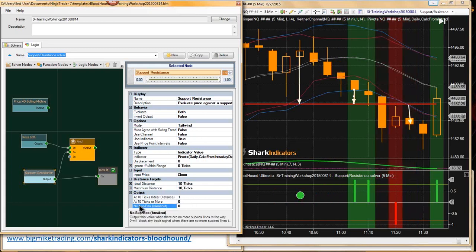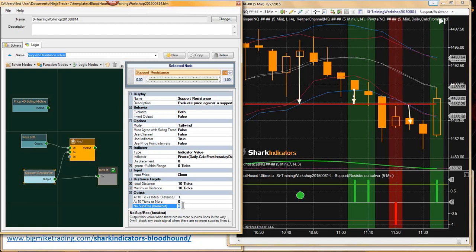Right. And once again, if there is no support or resistance and we break out, you could turn that on. I can't think of any practical reason why you'd want to use no support resistance in tailwind mode.